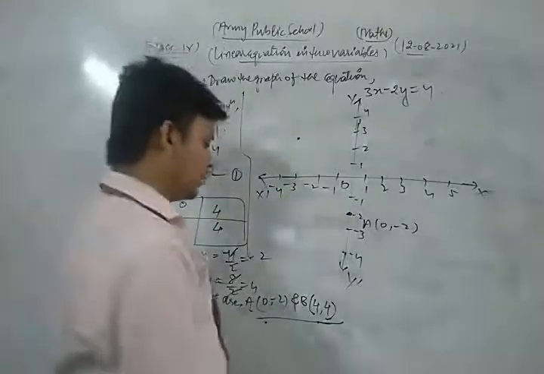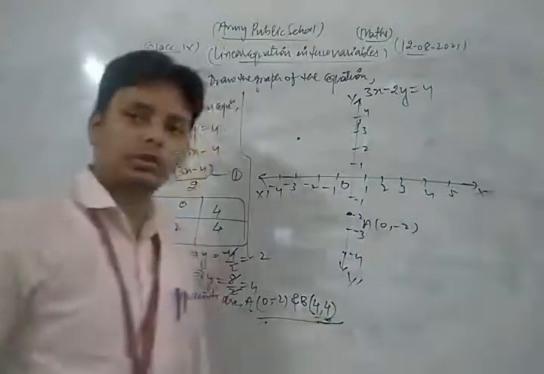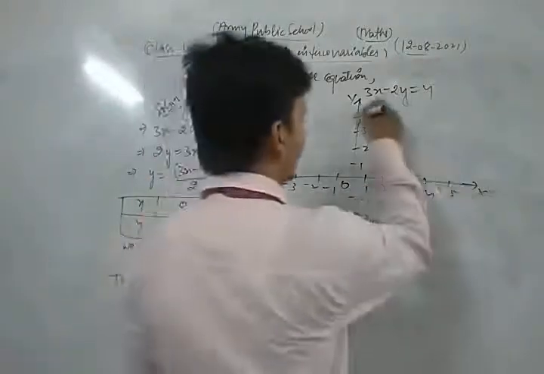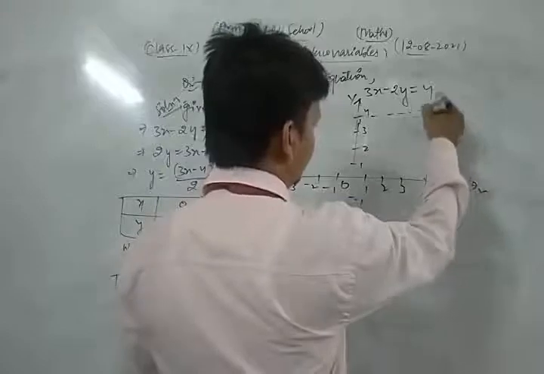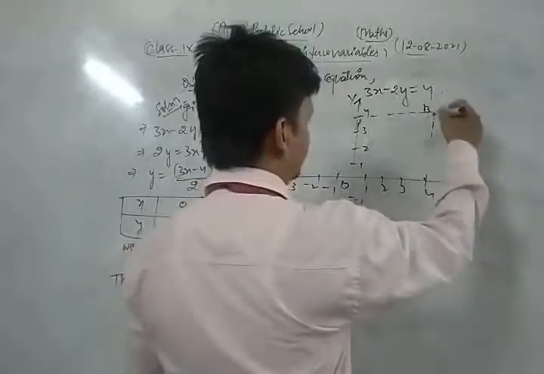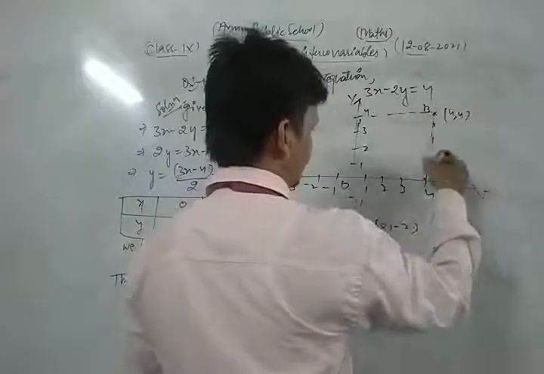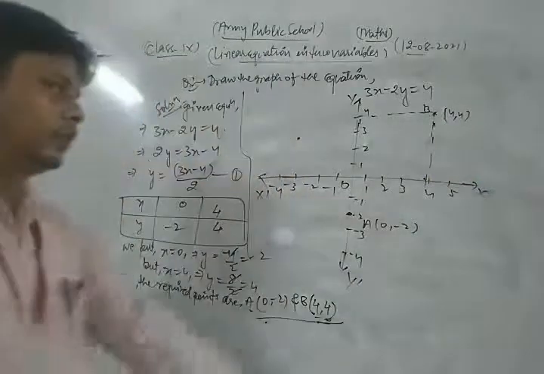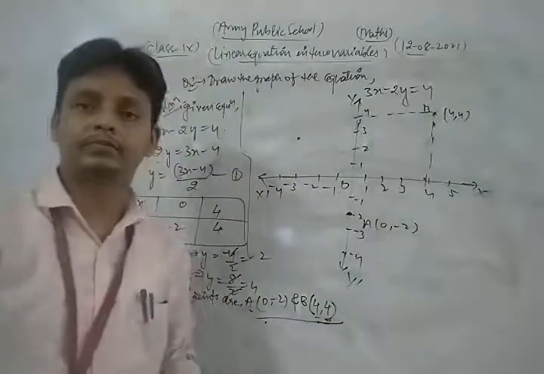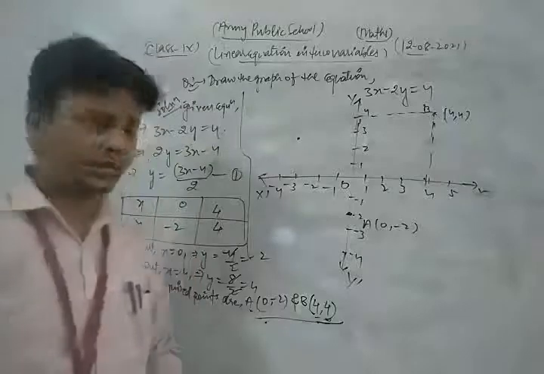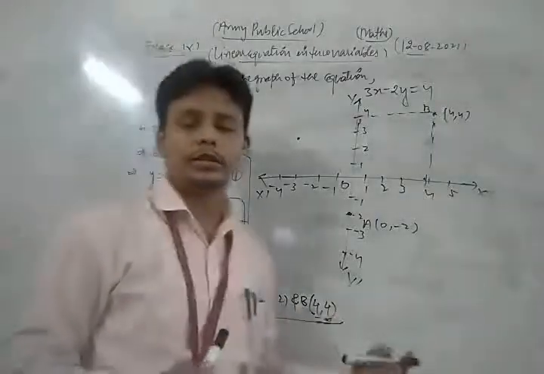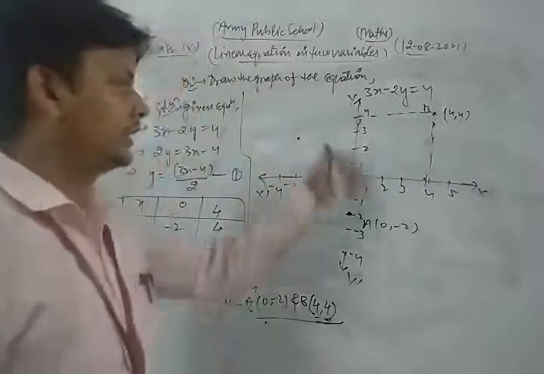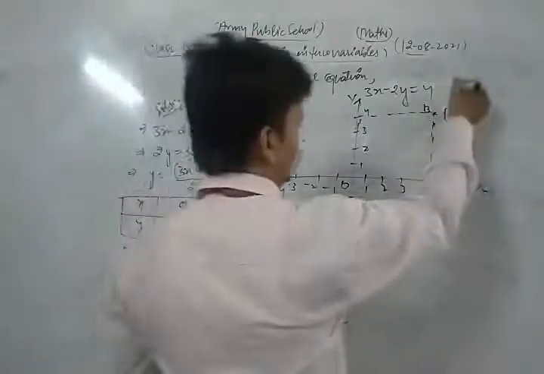Now we plot (4, 4). The abscissa and ordinate are both equal to 4. So point B lies at that position. Now, dear students, as I discussed already, to find the graph of the required equation of the line, we just join these points by a straight line.